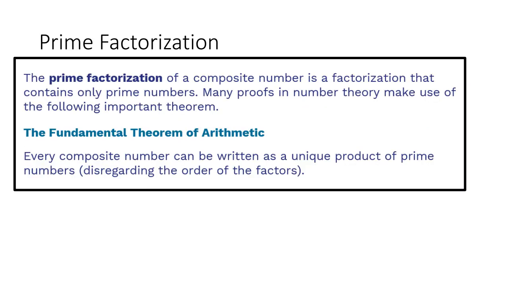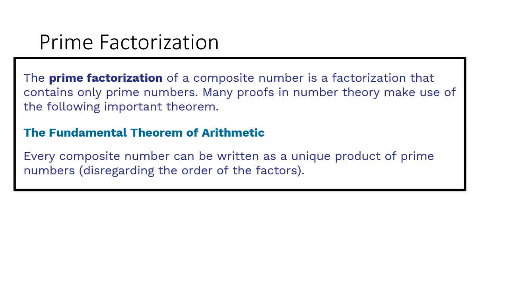Next, something that we're interested in doing is finding the prime factorization of numbers. A lot of problems in number theory can be solved by factoring numbers. And the most reduced, unique factorization that a number has is the prime factorization. So the prime factorization is very important when you're solving word problems.